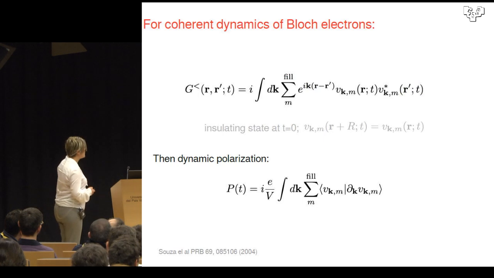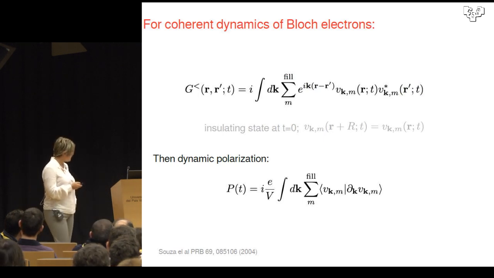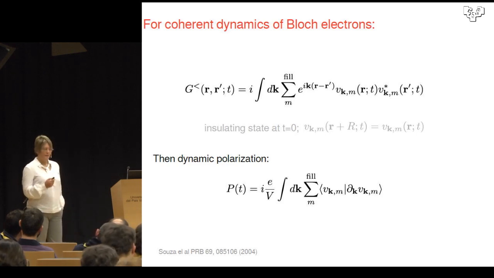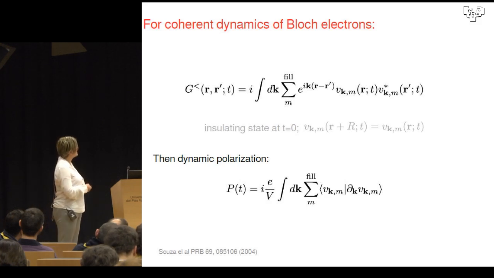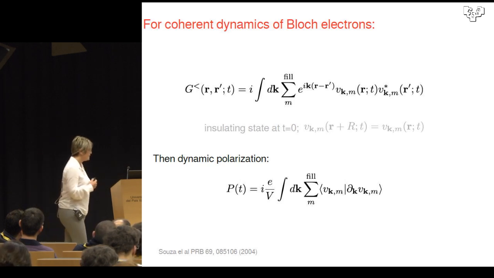For dynamic polarization, we rely on work of Ivo and Vanderbilt. So here in the paper, he just used the density matrix, but in the approximation we are in, the lesser Green's function and the density matrix are just related by a trivial coefficient.